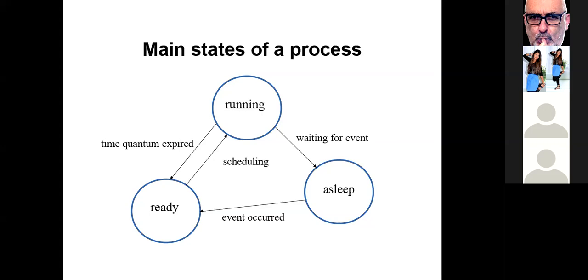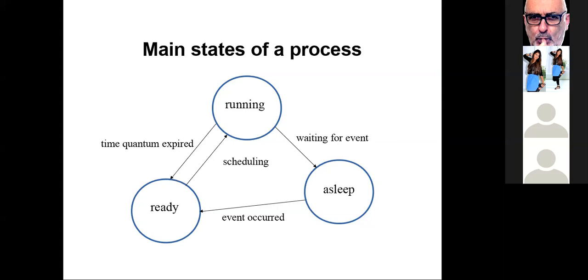Who is the component that changes the status of a process from ready to running? It is the switcher, in general the scheduler. It is the function with an algorithm that decides, as soon as an event occurs, to switch a process from ready to running.